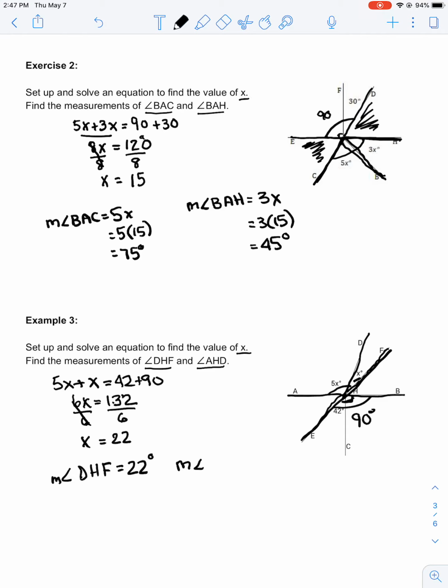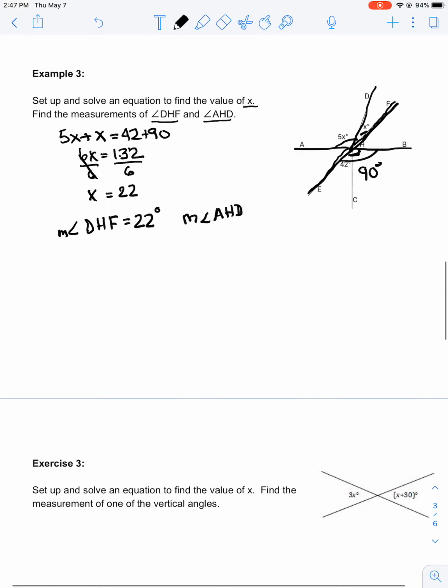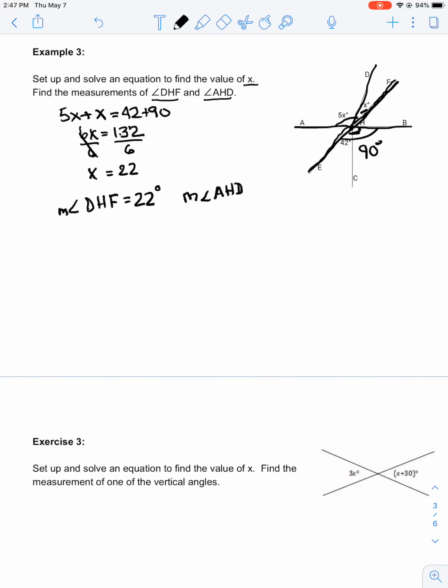And then the measurement of angle AHD, let me move this up just a little bit here, is 5x, which is 5 times 22, which is 110 degrees. And that's the answer for that problem.